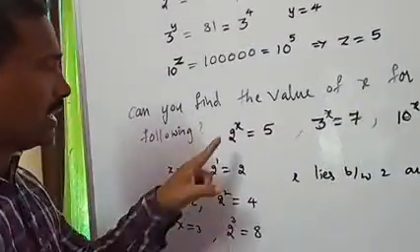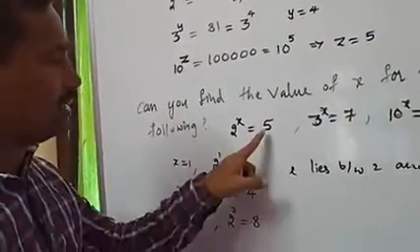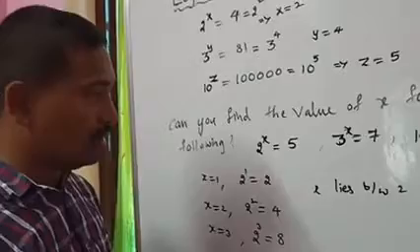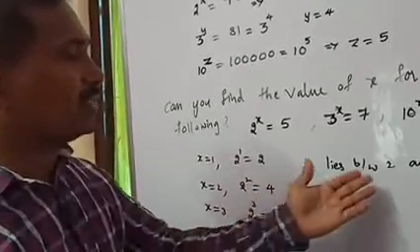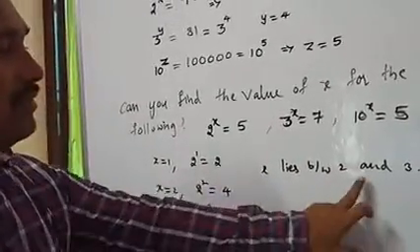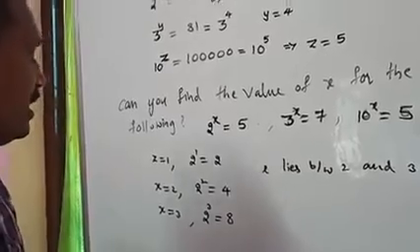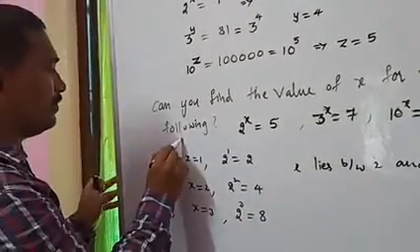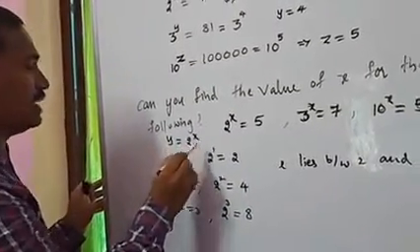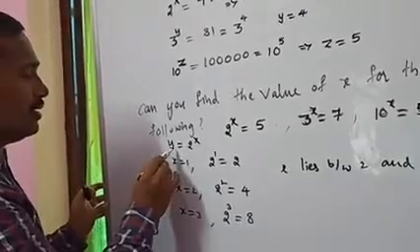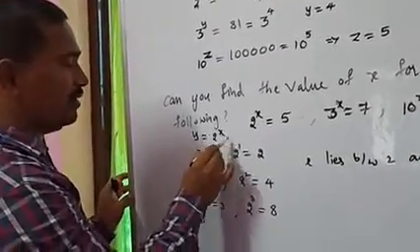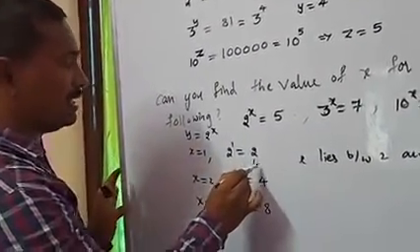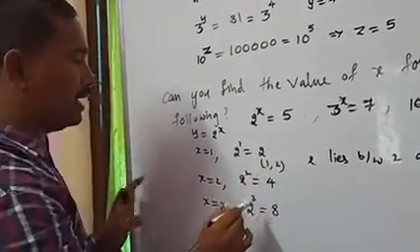Why? Because if you take x equal to 3, we are getting 8, but the value needed is 5. So whatever the x value is, it lies between 2 and 3. For example, if you take y equal to 2 power x, then for x equal to 1, y equal to 2 power 1, which means 2. In coordinate form, that is 1 comma 2.